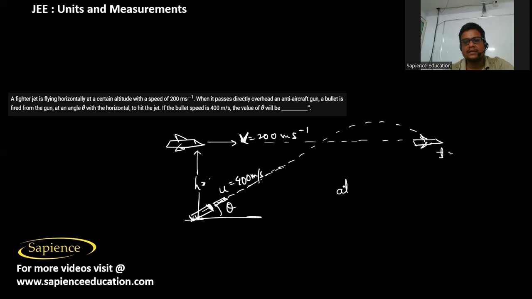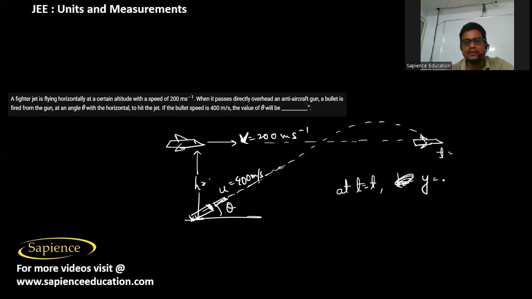At time t, the height achieved by the projectile should be the same as the height of the jet plane.